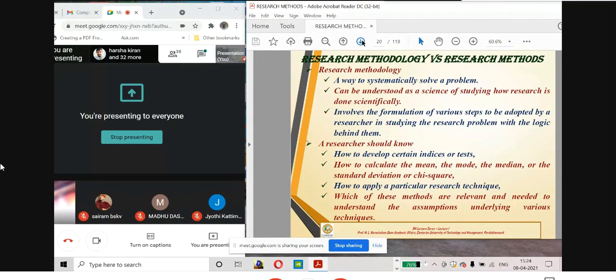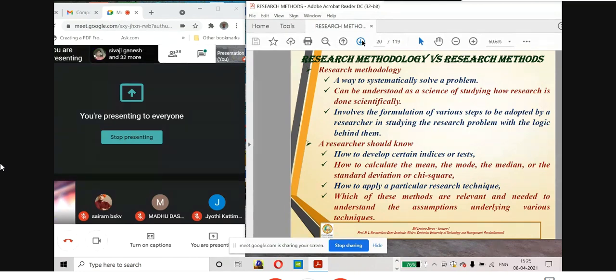how to calculate the mean, mode, median, or the standard deviation or chi-square. What are these things? These are all statistical procedures. See, unless you have a standard approved analysis, your research is not validated.